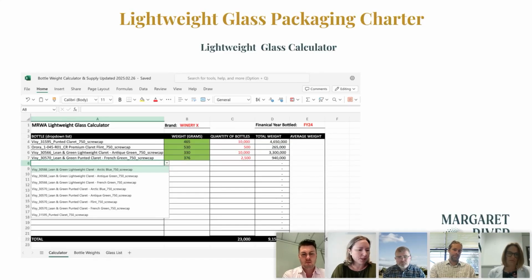A producer can use the drop-down menu to select the bottle they're using, pop in the number of units they've used that year, and that will spit out their total weight as well as their average. We also have a fairly comprehensive list of glass with bottle weight, recycled content, country of production, and a link to the specs where available.